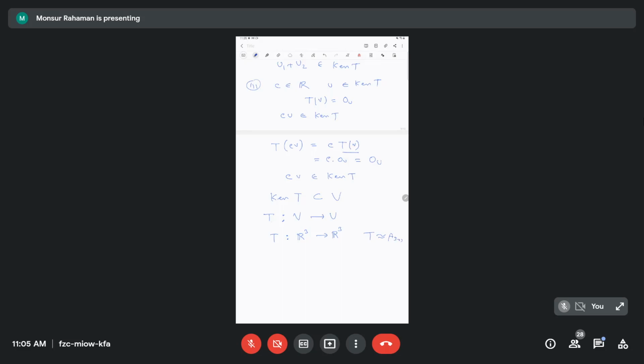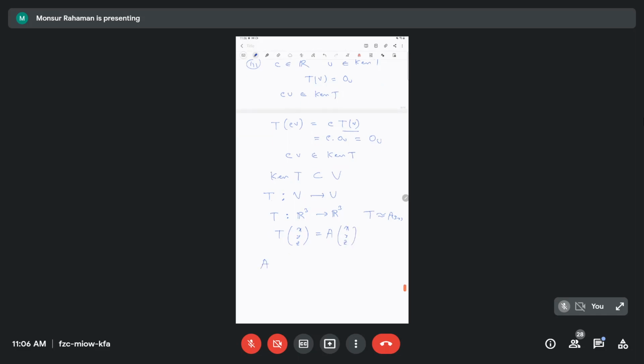So T of X, Y, Z equals A times X, Y, Z. So A times X, Y, Z will give a 3-vector, like A, B, C, some vector.